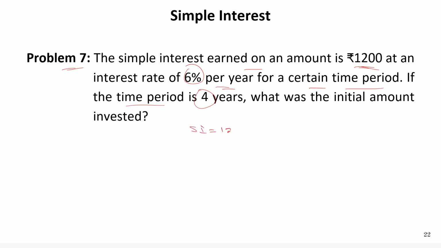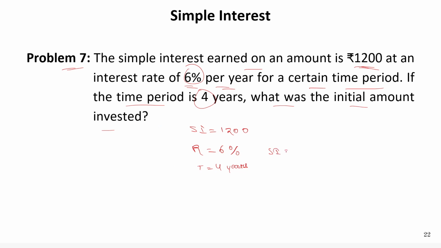SI is equal to 1200. Given interest rate is 6%. So R is equal to 6 percent. For a certain time period, if the time period T is equal to 4 years, then what was the initial amount invested?